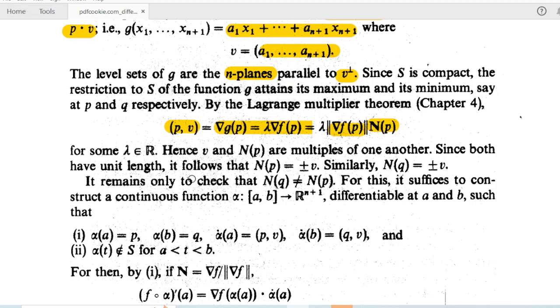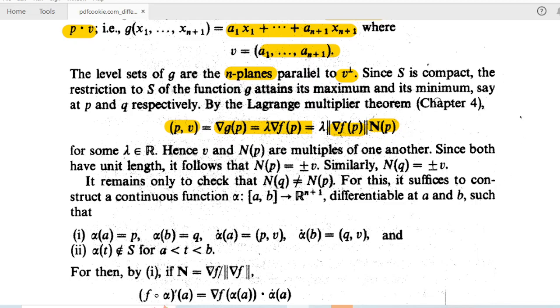Since both have unit length, it shows that N of P equals plus or minus V. We know V and N of P are unit vectors. So where V equals lambda norm of nabla F of P into N of P, we are going to consider the modulus on both sides.